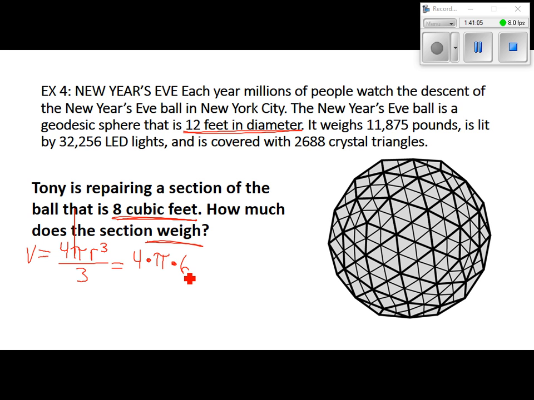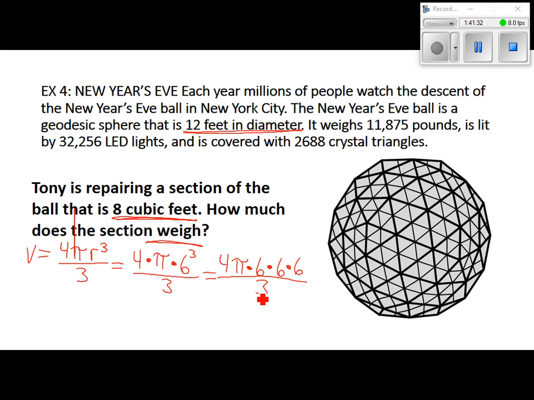The diameter is 12, so we take half of that, 6. And then it's to the 3rd power divided by 3. I'm going to change this because I don't like using to the 3rd power. Squared is pretty easy because you can find the squared button on your calculator. To the 3rd power just means you take that number times itself 3 times. So 4 times pi times 6 times 6 times 6, and then divide that by 3.